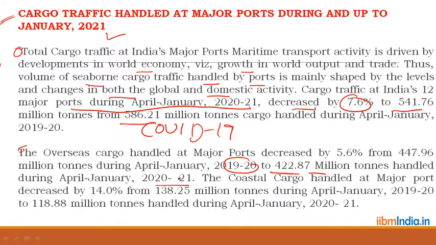The coastal cargo handled at major ports decreased by 14% from 138.5 million tons during April-January 2020 to 118.88 million tons during April-January 2021. So that is what we have been seeing, that millions of tons have been reduced just because of COVID-19.